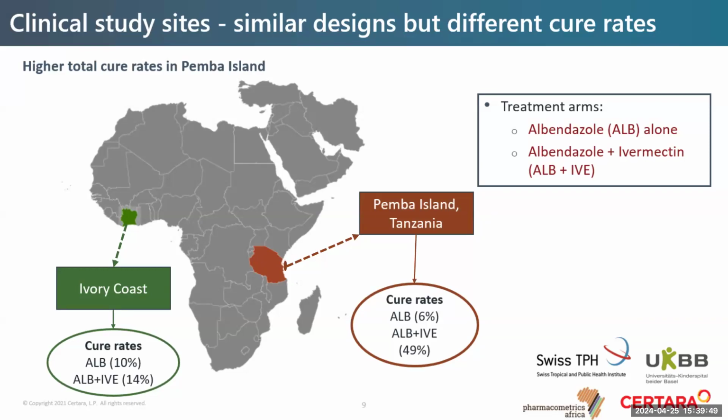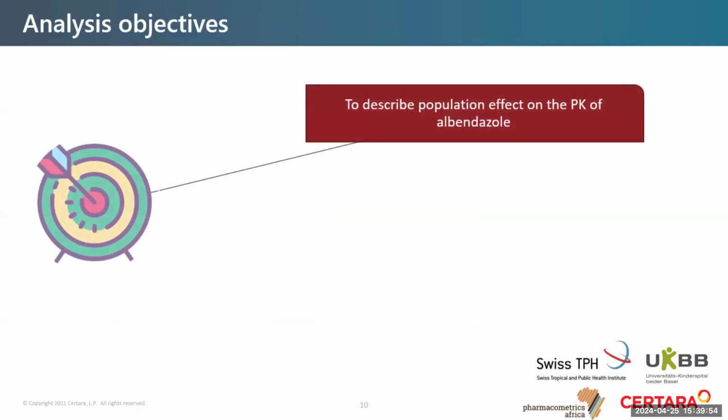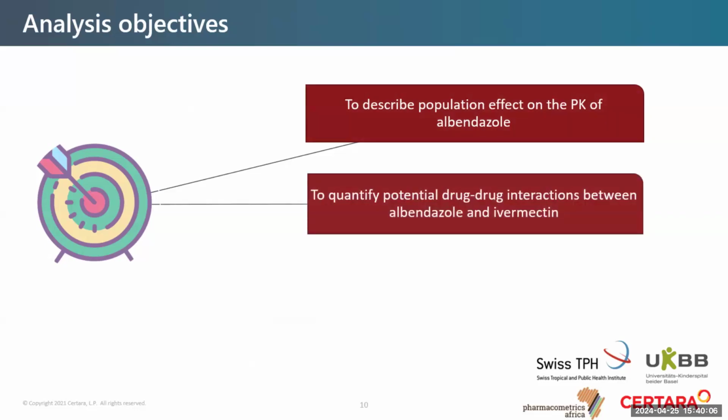I'm not going to go into the detail, but from this, we developed objectives to try and solve a clinical question. So the first was to describe a population effect on the PK of albendazole. The second was to quantify potential drug-to-drug interactions between albendazole and ivermectin.